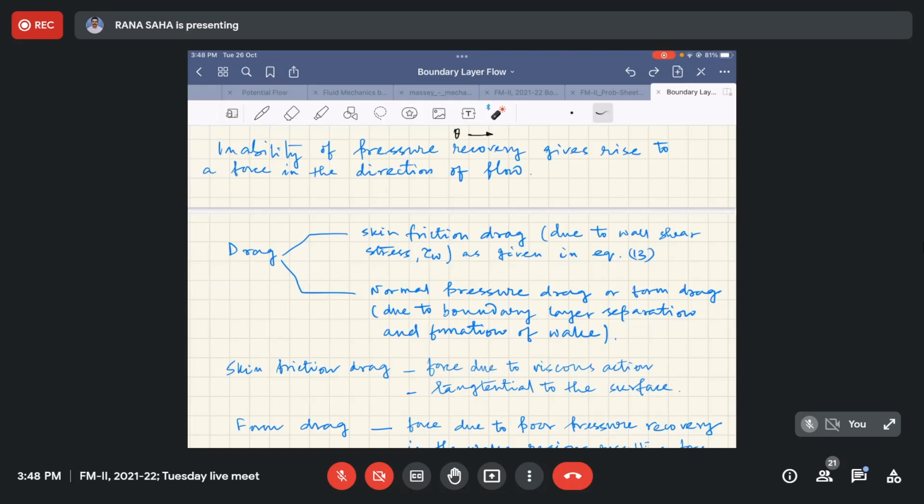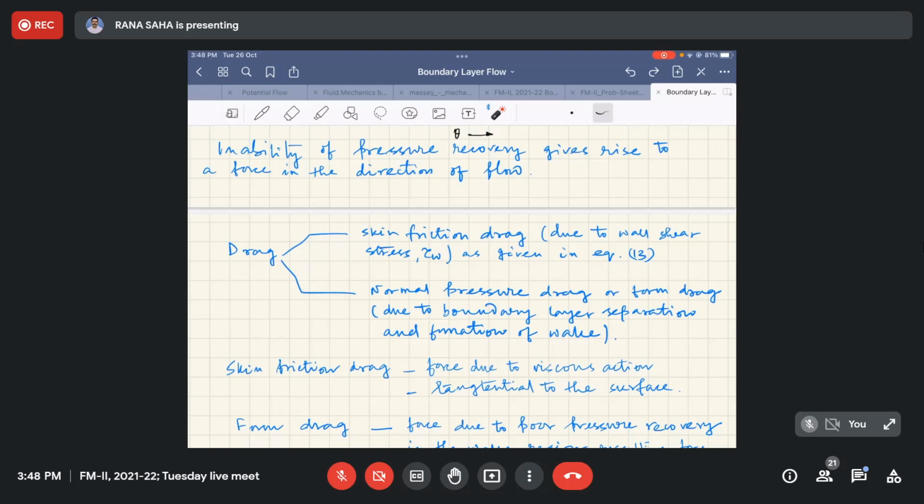So due to this boundary layer flow, we can have two different types of drag force. One is known as skin friction drag, that is typically the one for which you require the moment integral equation or some exact methodology to find out.